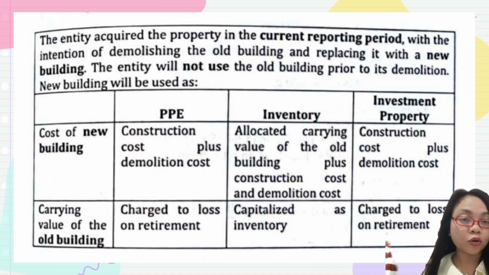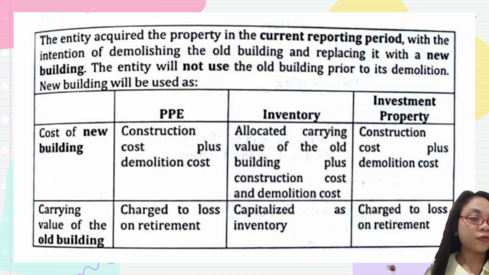So, eventually, if that inventory is sold, it becomes part of your cost of goods sold. And then, the treatment of the carrying value of the old building, if the new building will be used as investment property, would also be charged to loss on retirement since the old building is no longer useful.